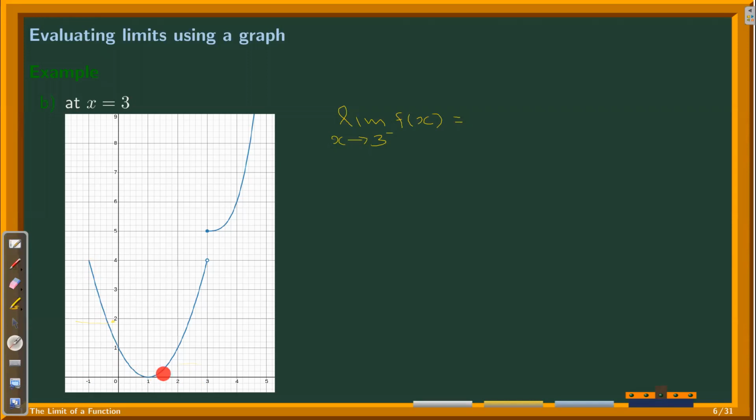And then on this side it goes towards 4.